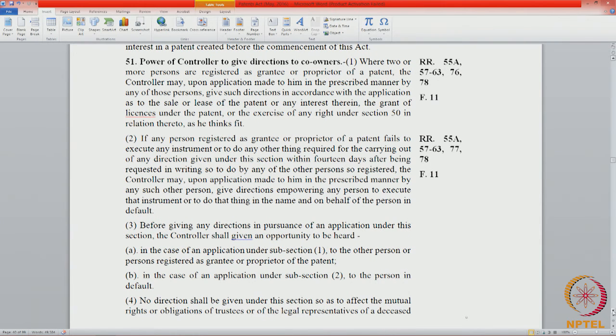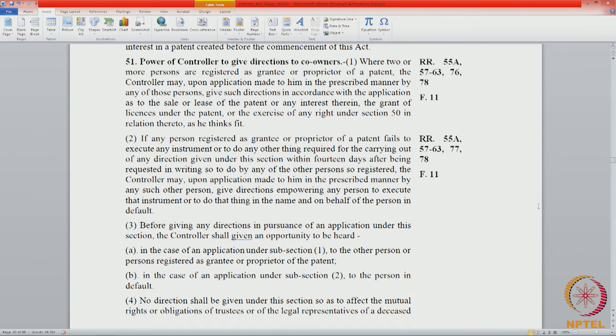Section 51(1) states that where two or more persons are registered as grantee or proprietor of a patent, the controller may, upon application made to him in the prescribed manner by any of those persons, give such directions in accordance with the application as to the sale or lease of the patent or any interest therein, the grant of licenses under the Act, or the exercise of any right under section 50 in relation thereto as he thinks fit. Now, the controller has the power to issue directions to co-owners.